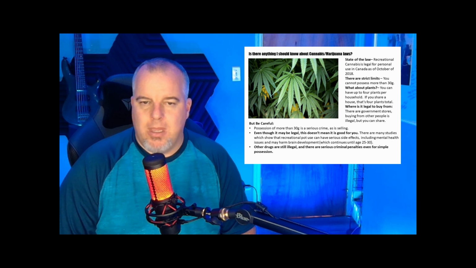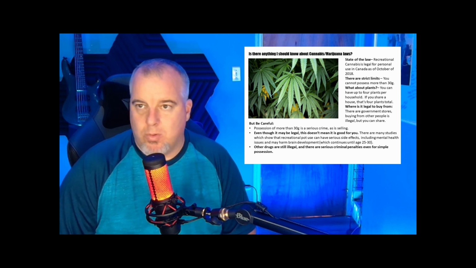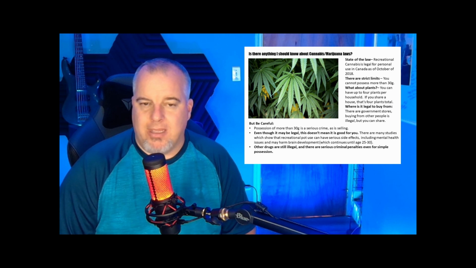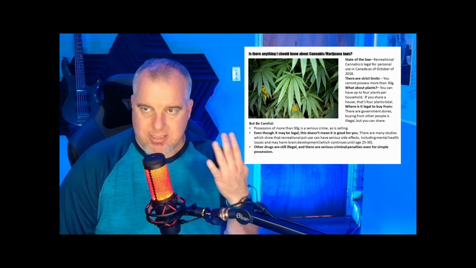And you can have a maximum of 4 plants per household. And that is per dwelling unit. So if you have 5 housemates that you share your house with, you can't have 20 plants. You can only have 4 plants total, right?